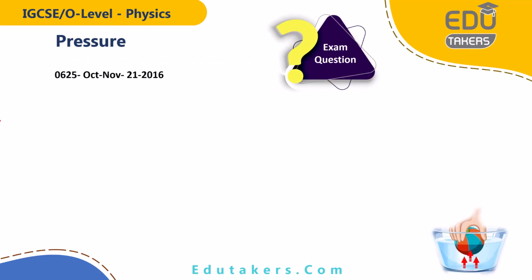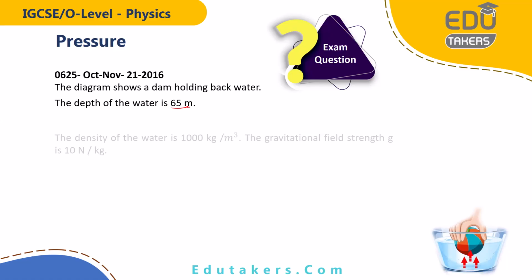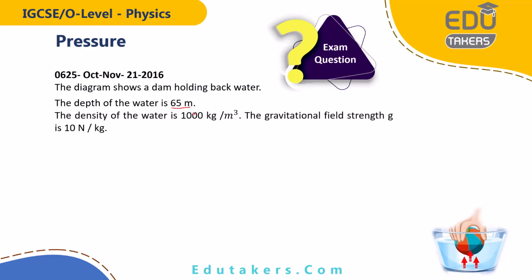Here is the exam question that appeared in October-November 2016. The diagram shows a dam holding back water. The depth of the water is given as 65 meters. The density of the water is 1000 kg per meter cube, and the gravitational field strength g is 10 Newton per kilogram.